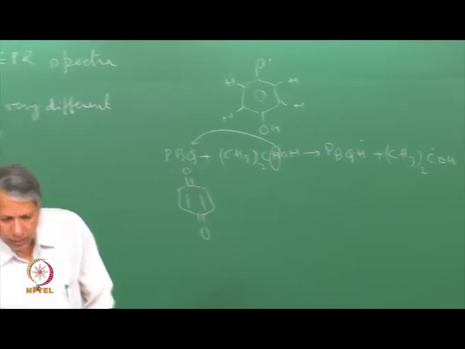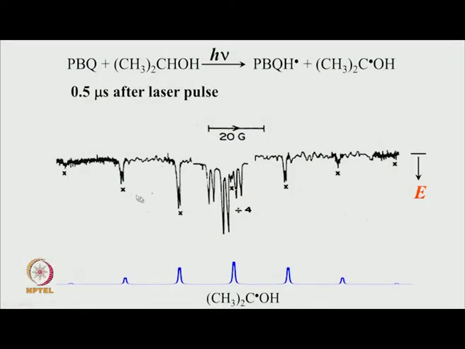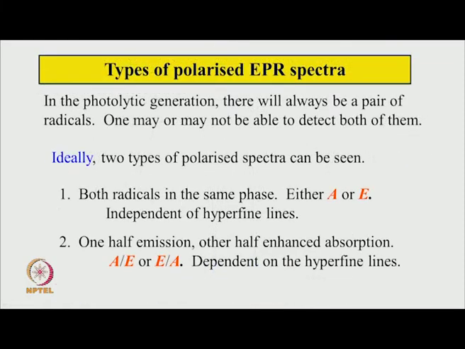What was seen here is that the solvent radical, the acetone-ketyl radical, and the semiquinone radical both have the same sense of polarization; both are emissive. This is the summary: in photolytic generation there will always be a pair of radicals.